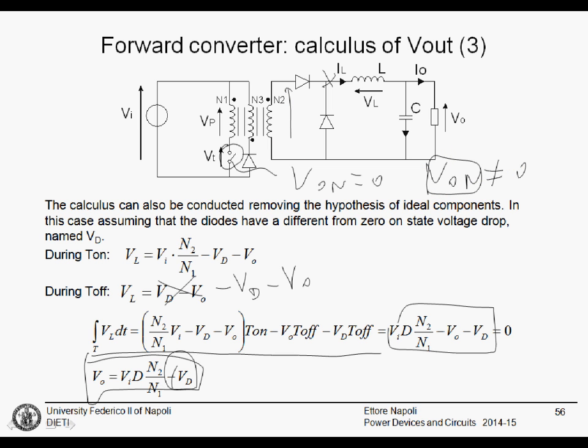This voltage here would be VI minus the on-state voltage drop multiplied by N2 divided by N1, and you can conduct exactly the same calculations to get the input to output relation as a function of the duty cycle and including the on-state voltage drop on the diodes and on the MOSFET switching transistor. Let's say this is a technique that I'm explaining, but it can be improved in many ways.